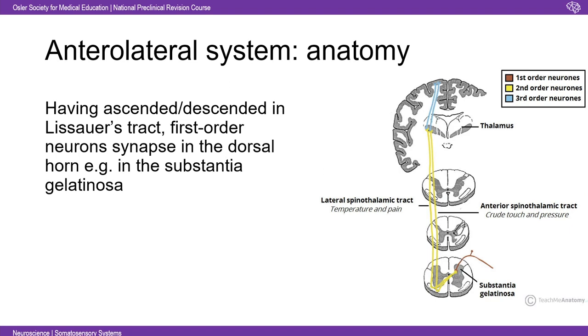So straight away in the dorsal horn, the grey matter, it immediately synapses and forms the second order neuron. One area which is really important in terms of the first order neuron synapsing is the substantia gelatinosa. And again, we'll talk about why that's important and some examples of it.